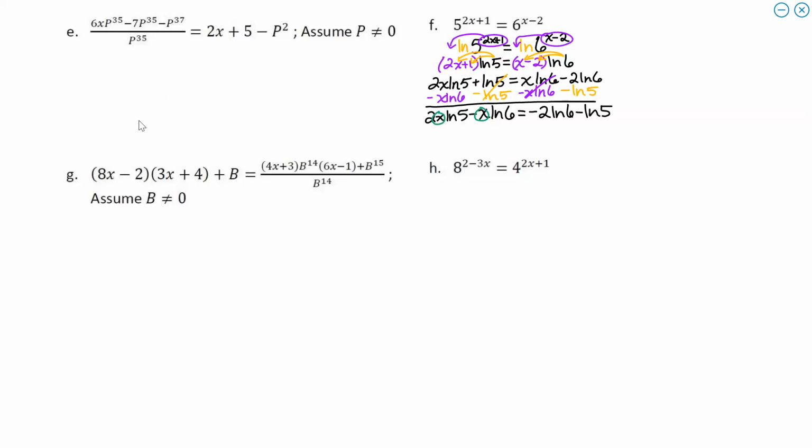So now I have a linear function, 6x minus 7 equals 2x plus 5. And then from here, I would subtract 2x from both sides. So I'm going to get 4x, and add 7 to both sides. So equals 12. So x equals 3.